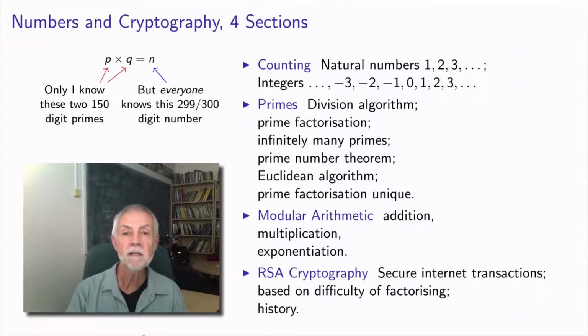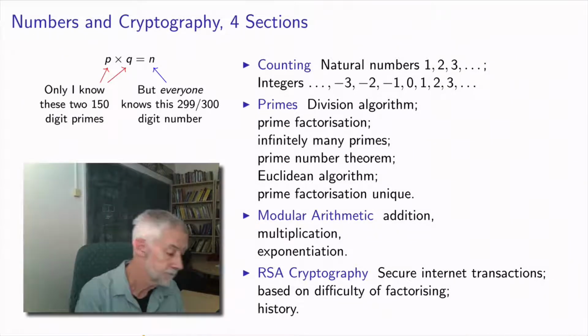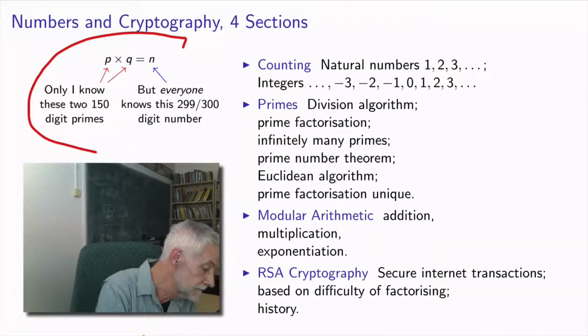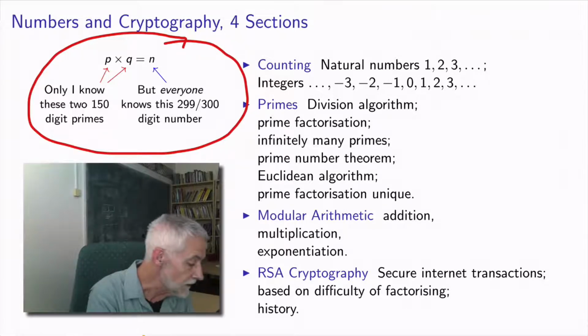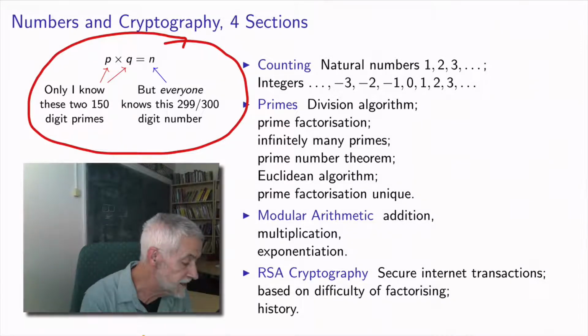RSA cryptography relies fundamentally on the fact that it is almost essentially impossible to factorise large numbers, for example, numbers with 300 digits or so. So here we have two 150 digit or so prime numbers.